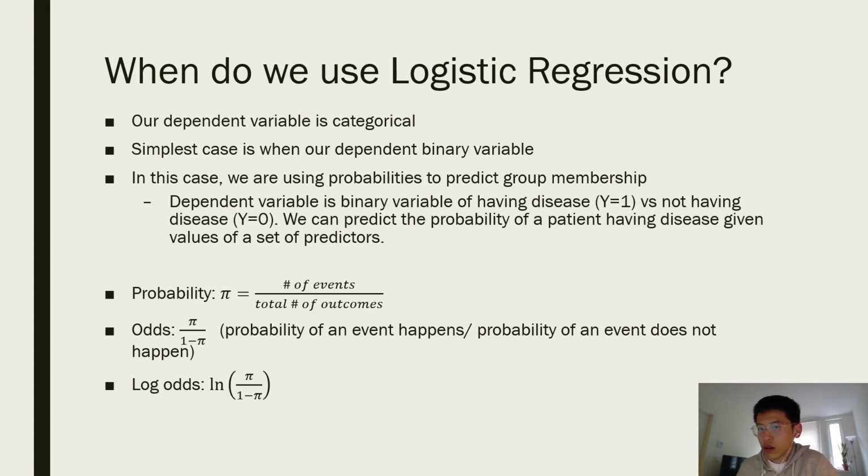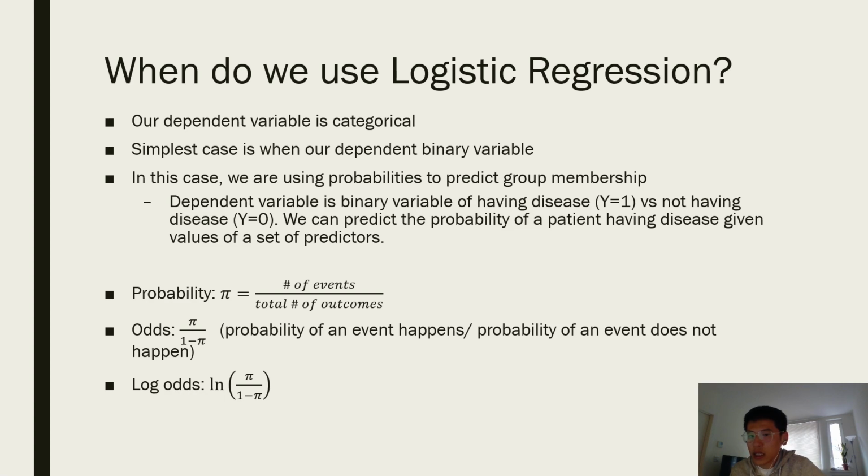Okay. So the first question is, when do we use logistic regression, and why are we using that? In some cases, our dependent variable is categorical, or, in a more common way, binary, like binomial. So it's literally zeros and ones.